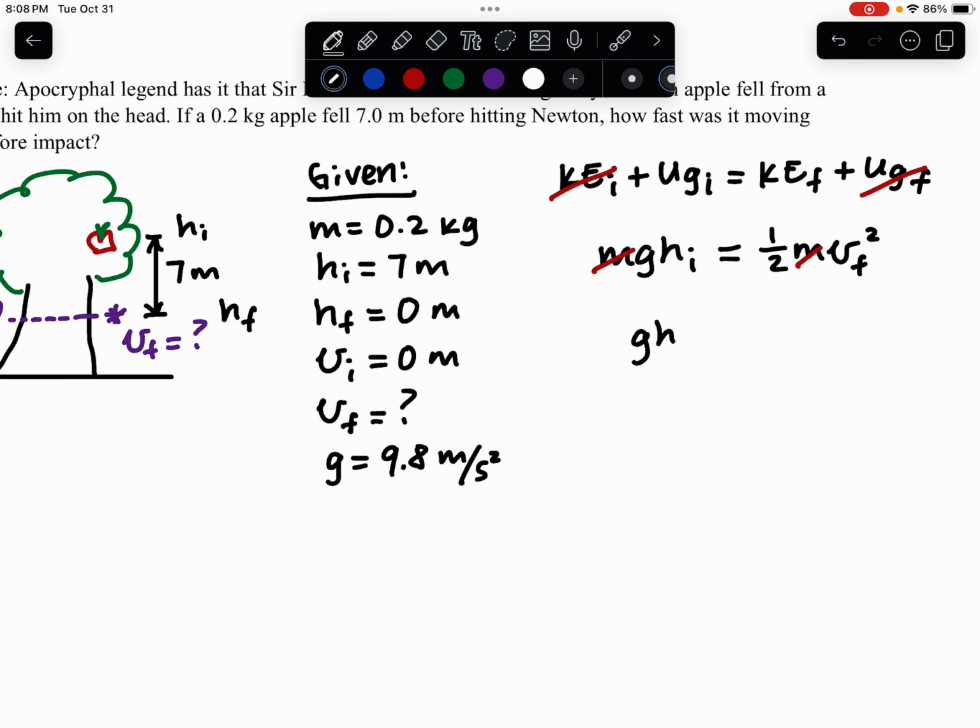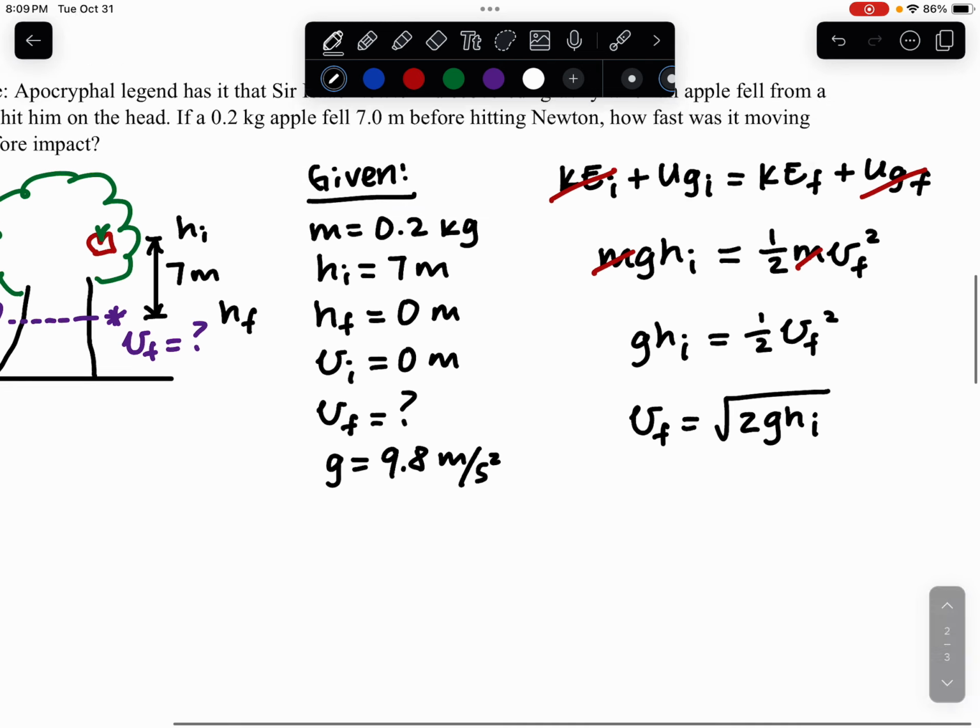Now we have g h initial is equal to 1/2 velocity final squared. So now we just solve for velocity: multiply by 2 to get rid of the fraction, take the square root. The final velocity is the square root of 2 g h initial. Let's plug in our numbers.